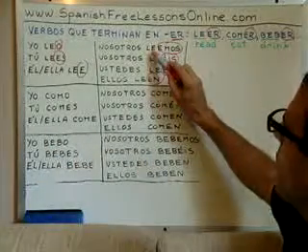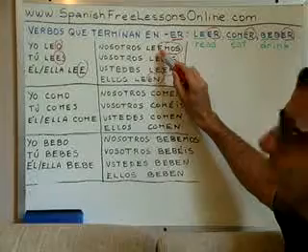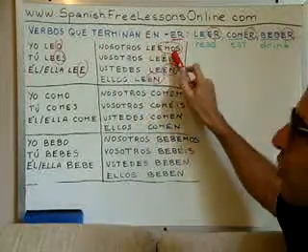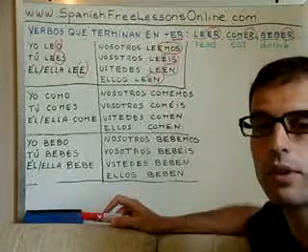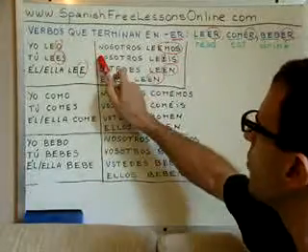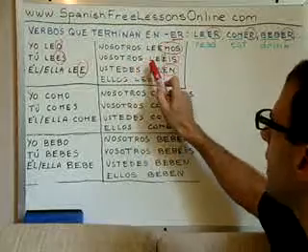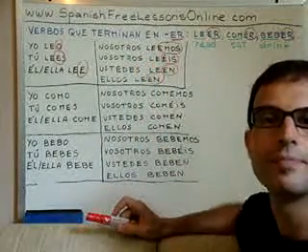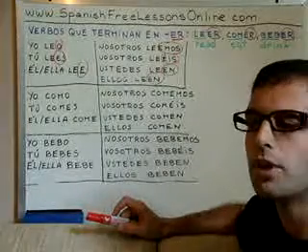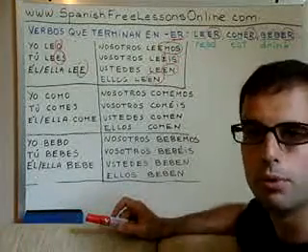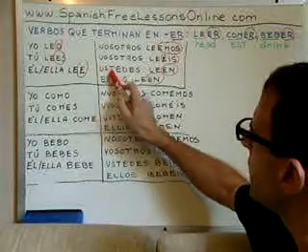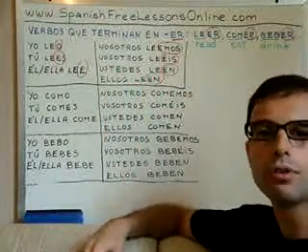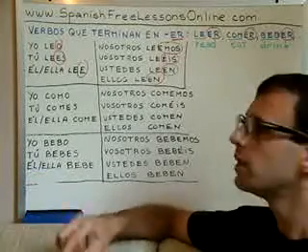You see, you pronounce both E's. Nosotros leemos. That means we read. Vosotros leéis. Leéis. For you read, you plural. Ustedes leen. That's also you read, plural.